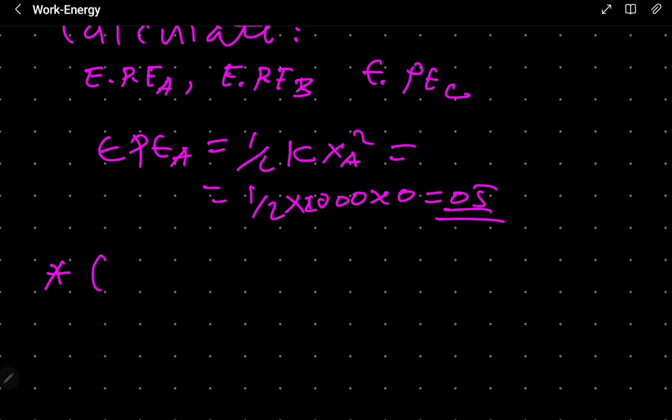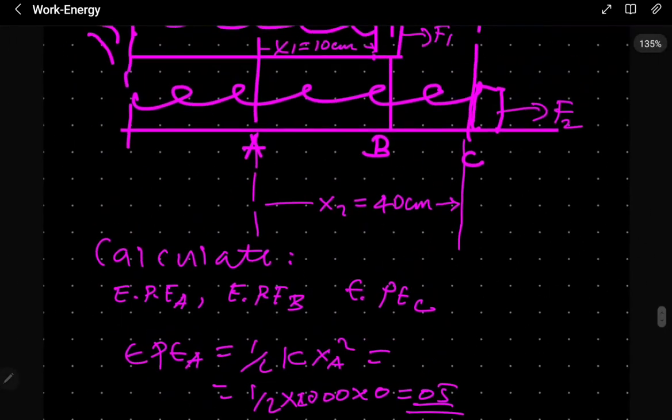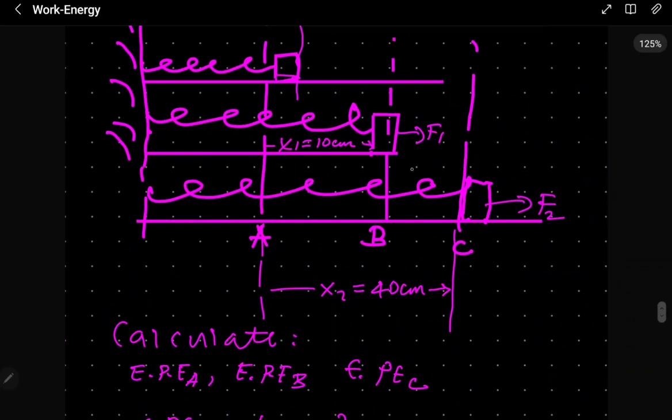Now the second question is, you are required to calculate the elastic potential energy of B. The elastic potential energy of B is half of K times XB square. You can see position B is this one, X1. X1 is like XB, and X2 is like XC.